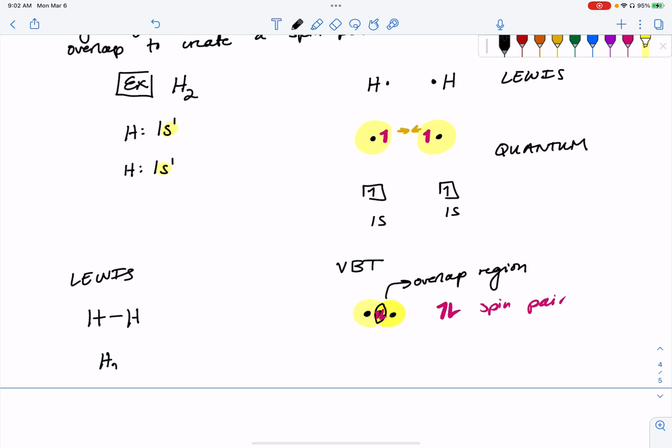So this is the Lewis model, and this is valence bond theory, saying, hey, we can't just ignore the fact that electrons are quantum mechanical particles.